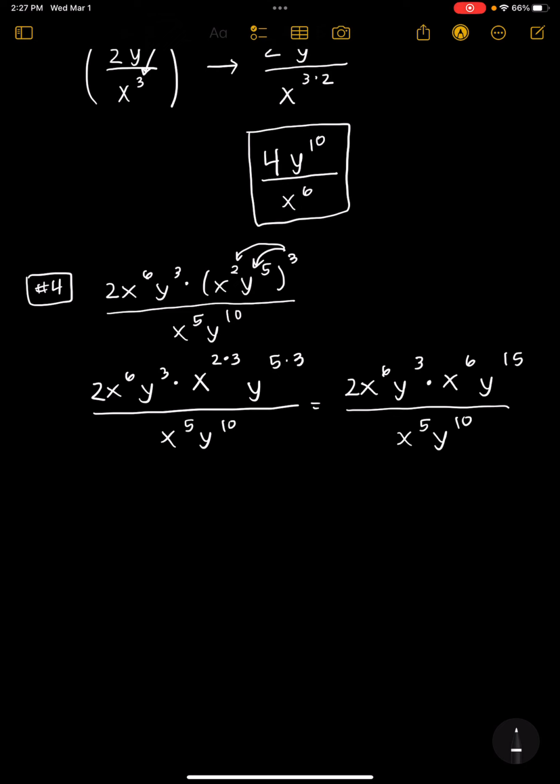Now I'm going to use the product rule on the top. So there's only a 2 in there. There's no other coefficient, so that 2 just sticks there. Then for our x's, we're going to have x to the 6th plus 6, because both of the x's on top have exponents of 6.